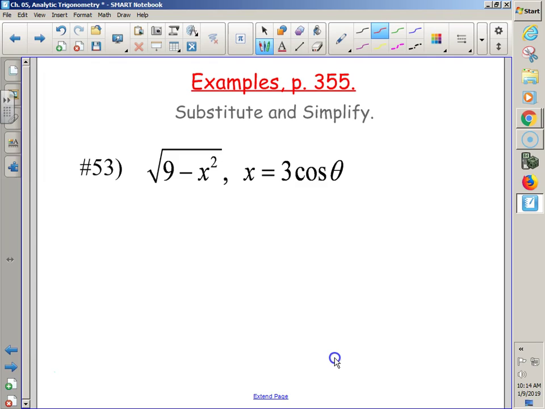Oh, good question, 46. Yeah, 46. Let's just do it all together, because we haven't really seen this direction yet. Substitute. Well, what did they give us?